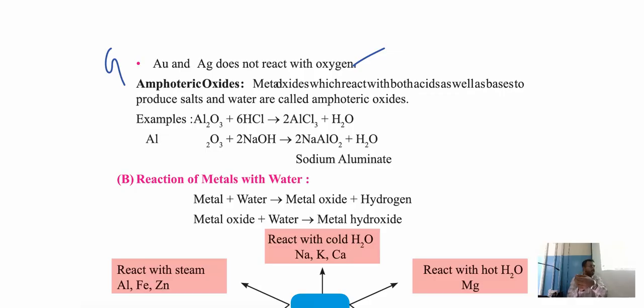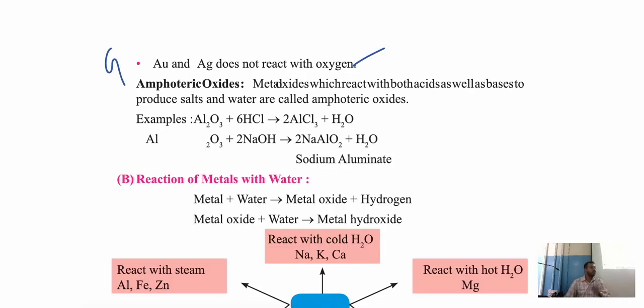Any rusting will take place here? No, because they do not react with oxygen. That is the reason gold and silver are very precious metals and are used in the manufacturing of jewelry.